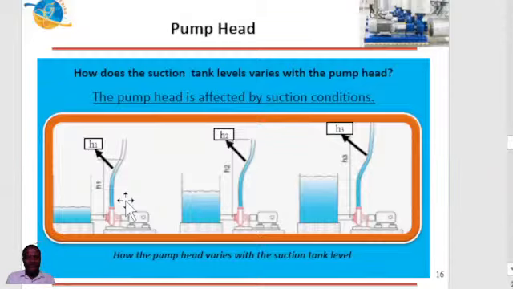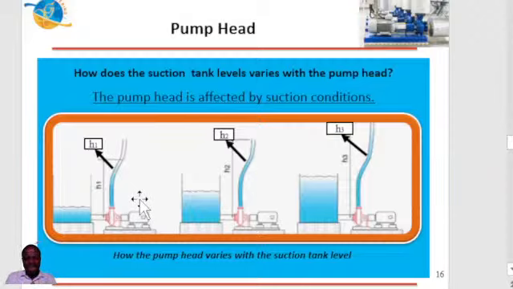Now, as the pump is put into operation, the suction tank level will be varying, right? As you are raising or lowering the suction level of the fluid in the tank at your suction, what you are adjusting is the potential energy of the fluid available at the suction of the pump.